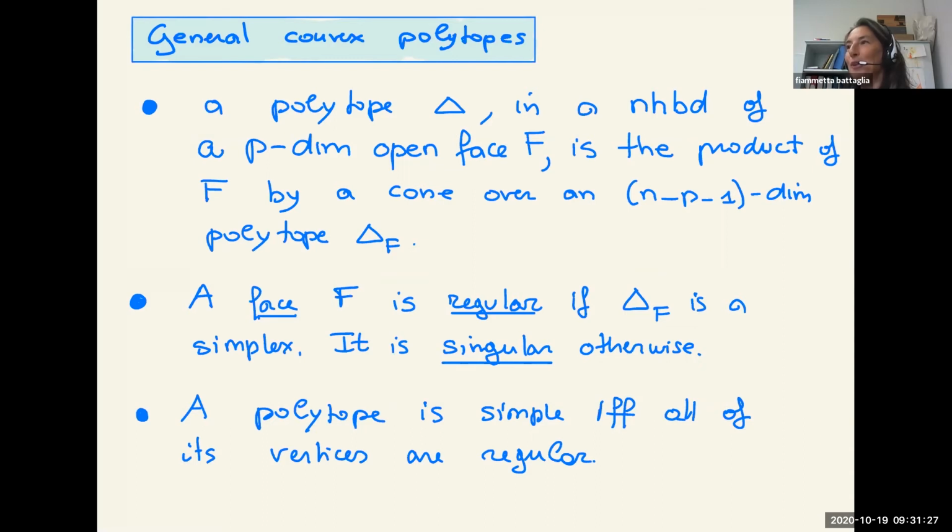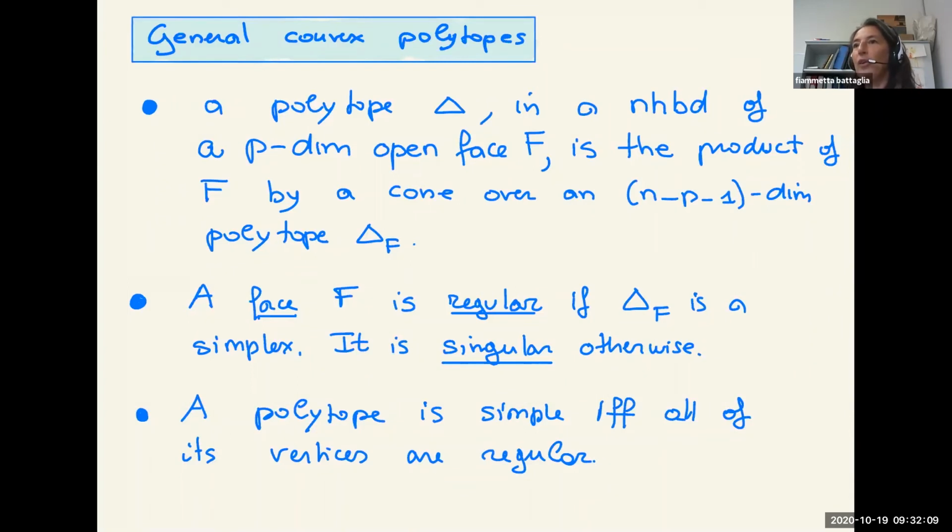So we want to look at our model, the polytope. If we take a polytope delta, and an open face F in this polytope of dimension P, then in a neighborhood of this open face the polytope can be written as a product of the face itself by a cone over a polytope of smaller dimension that we call delta F. This polytope delta F is not uniquely defined, but its combinatorial type certainly is.